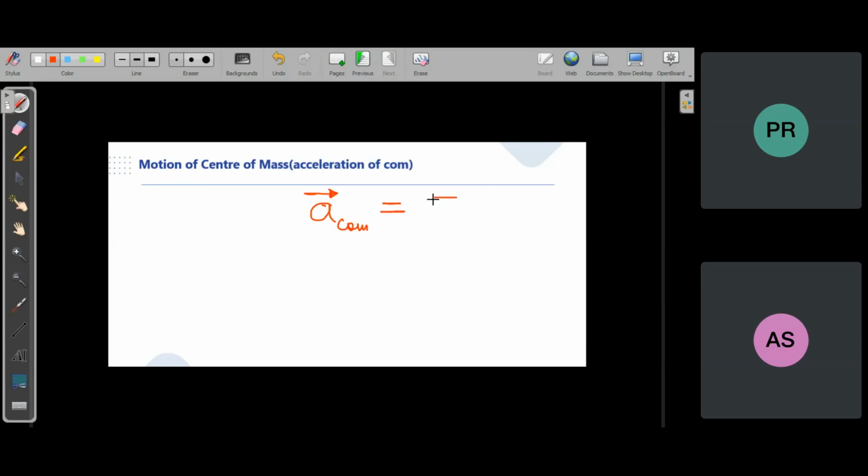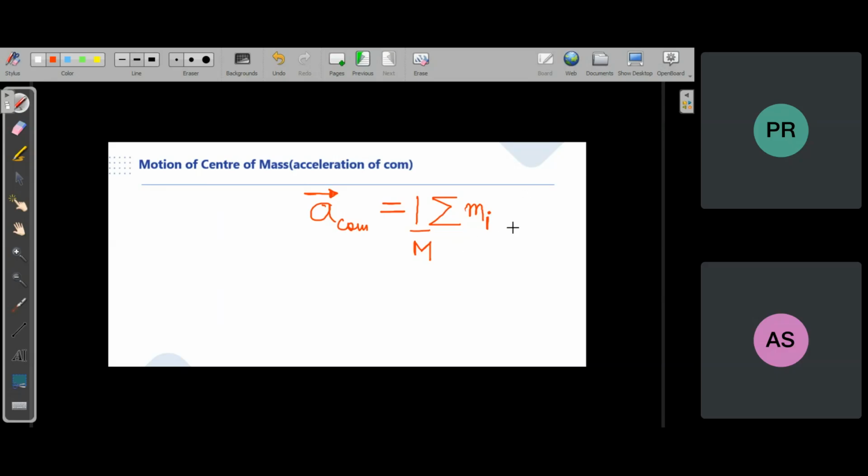Then you will get summation. Total mass is already outside because it is not going to change. It is constant. And summation mi vi was there, mi is also constant.